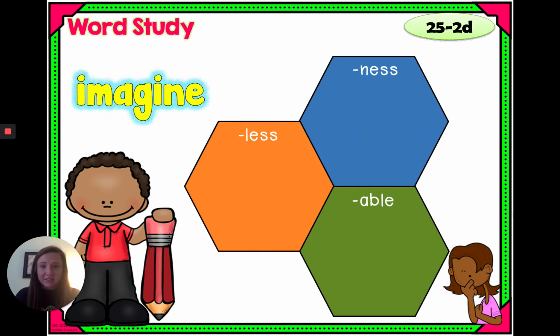Imagine. Take a second to think about what suffix you can add to the word imagine. What new word did they make by adding a suffix to the word imagine?